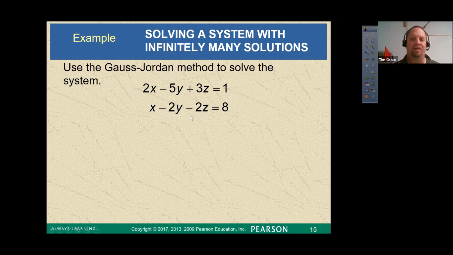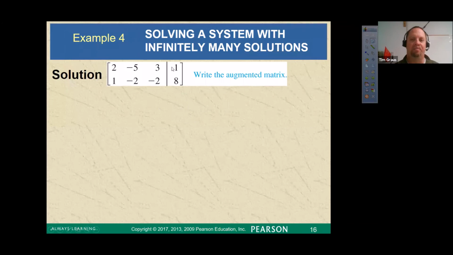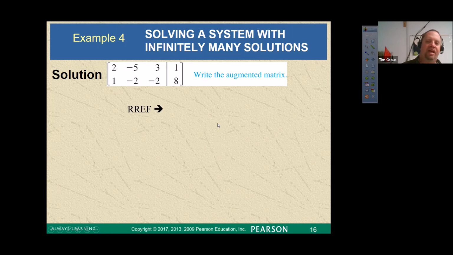So our first job is to turn this system of equations into a matrix. It'll have 2 rows, first row being 2, -5, 3, 1, second row 1, -2, -2, 8. We'll have the calculator do the RREF process, and we get these 2 rows, 1, 0, -16, 38, 0, 1, -7, 15.